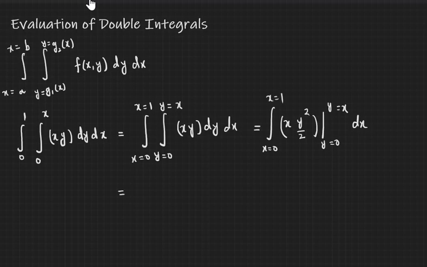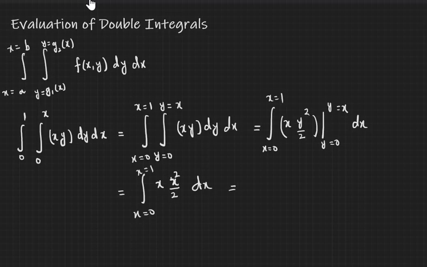Solving this, applying limits of integration, y is equal to x, so that would be x times x square divided by 2 minus x times 0 square divided by 2. So instead of writing x times 0 square upon 2, we just don't write this term and integrate this function with respect to x from x is equal to 0 to x is equal to 1.